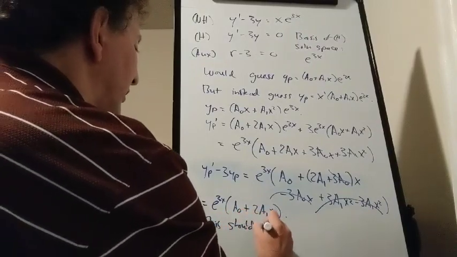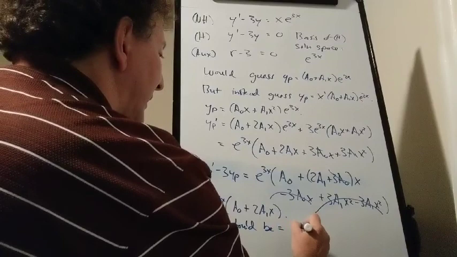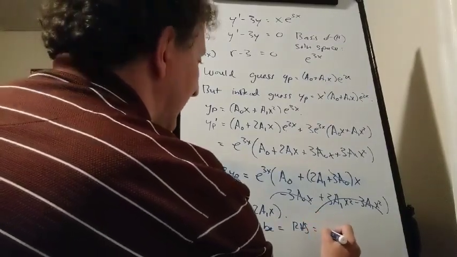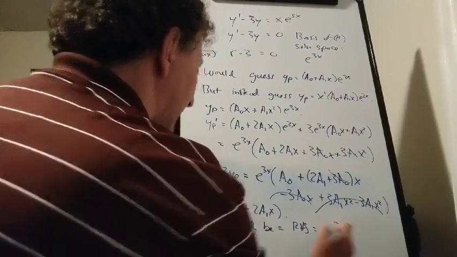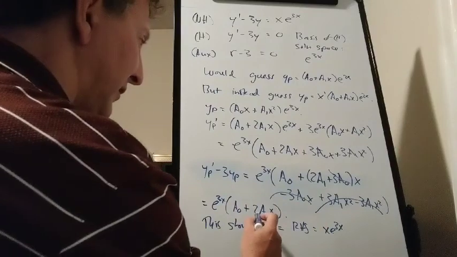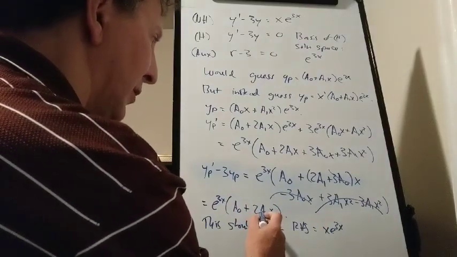Now this should be equal to the right-hand side, which is x e to the 3x. So that means what's inside here is x. So a1 has to be 1/2.